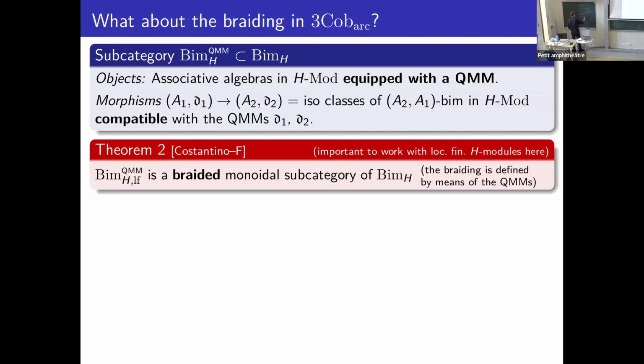Look at this. The internal End object, which is V tensor V dual. This is an algebra in the category, right? So this is an algebra, and you have a QMM for this. So the coend as a vector space is H star. Assume H is finite dimensional, okay? And then you can do this.